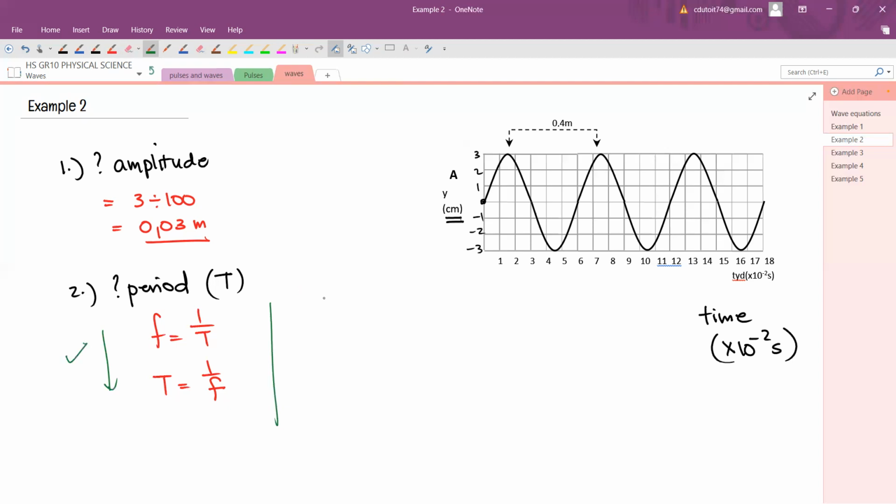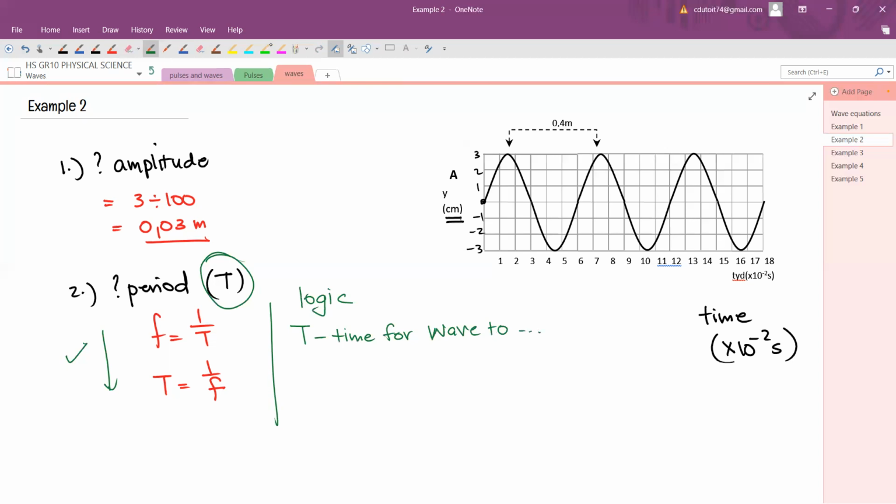What about a bit of logic? What is T? Help me again. Explain what is T. Time. Time for what? Time for one wave to be produced or pass a point.